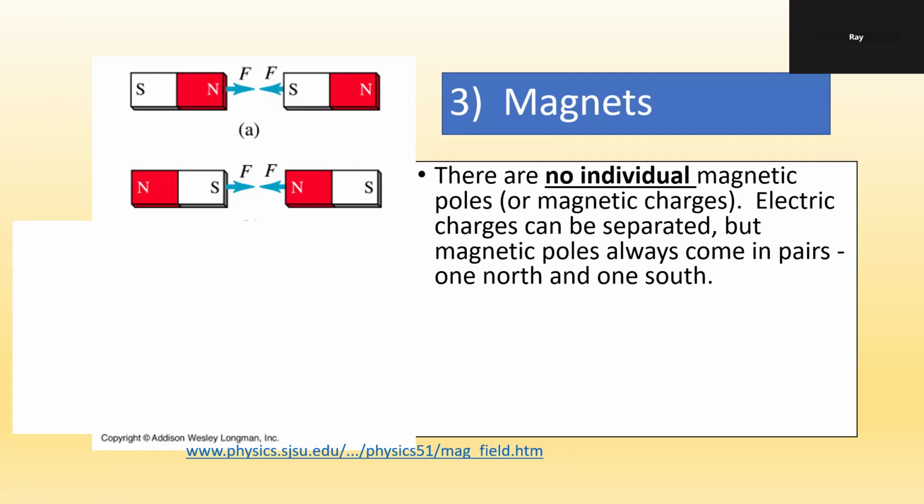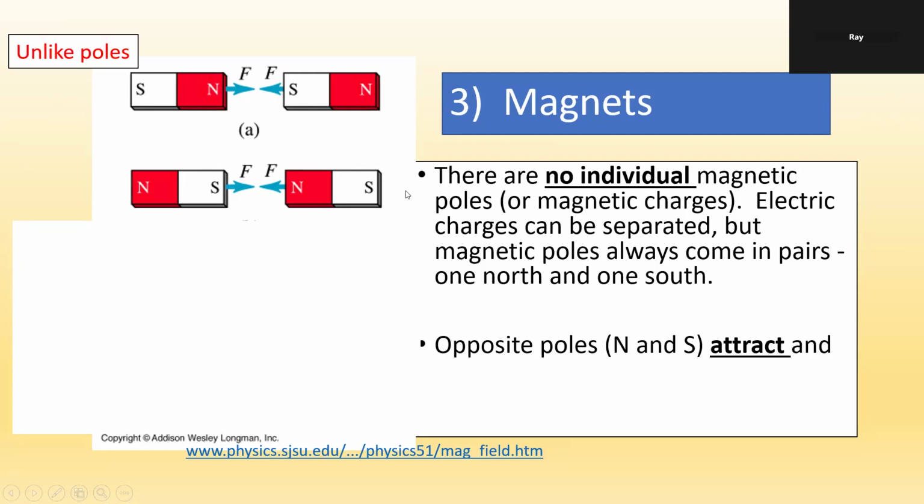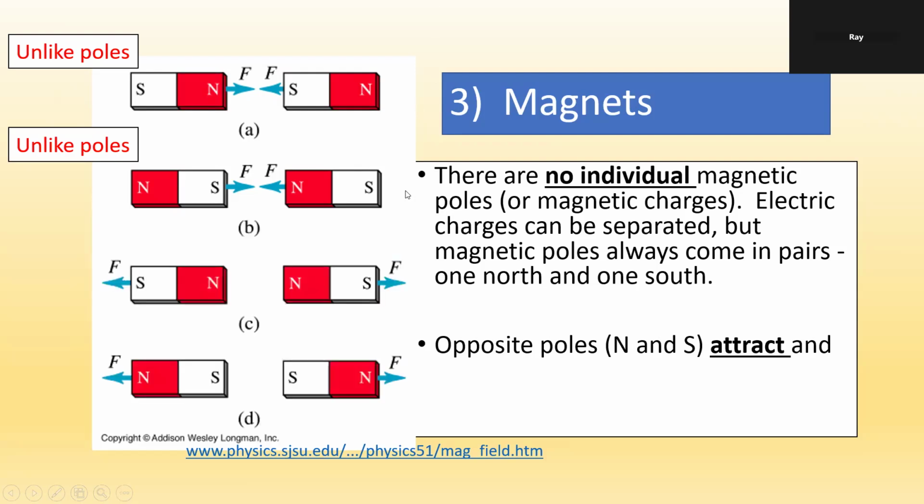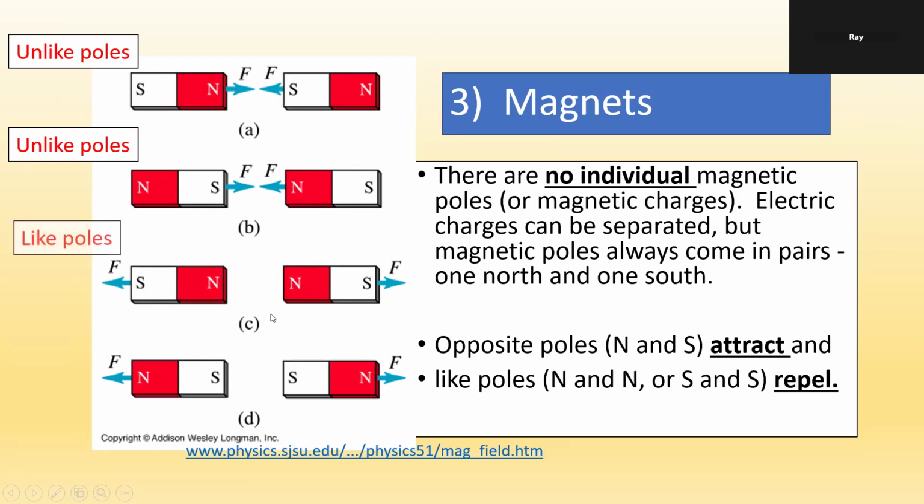But so far, I don't think there has been any success. So the properties: opposite poles, north and south, attract. Unlike poles attract. Like poles, north and north repel, south and south repel. Right? Like poles repel.